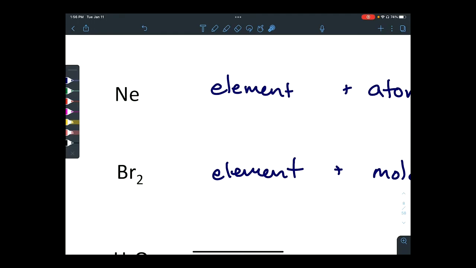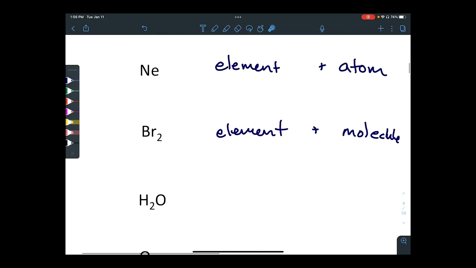Bromine Br2 is diatomic, meaning there are two atoms in one molecule. Like bromine, hydrogen H2 gas is a diatomic molecule, but it's still an element. Chlorine gas, oxygen gas, nitrogen gas, like N2, O2, are diatomic molecules, but they're still elements because there's only one element present. So that's a tricky thing.